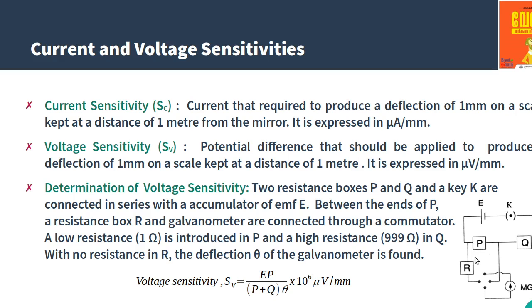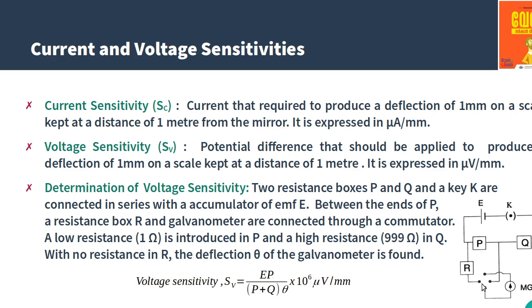So what was the arrangement that we used there? There we have two resistance boxes, P and Q. Usually P will be a smaller resistance value. The voltage across P is fed to the galvanometer.